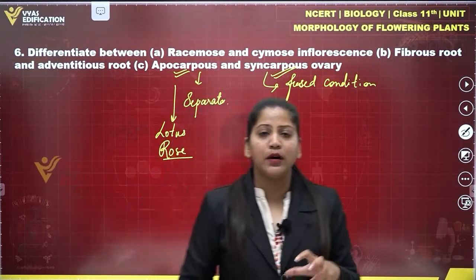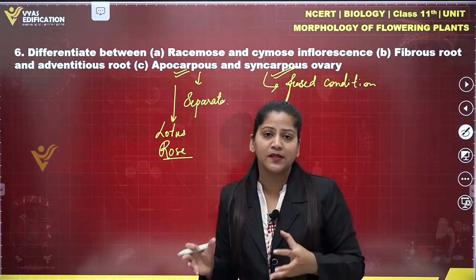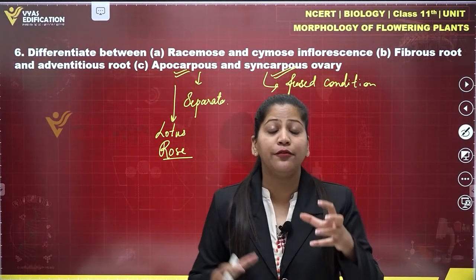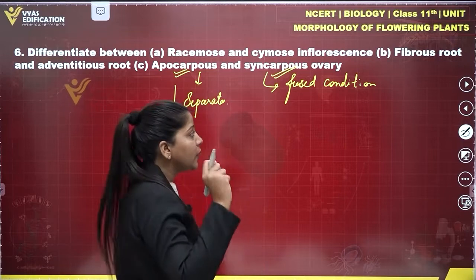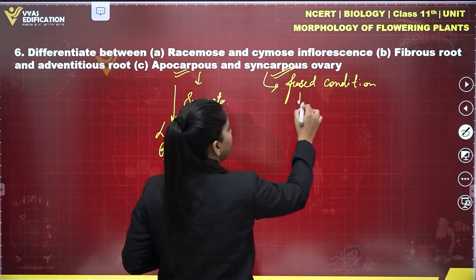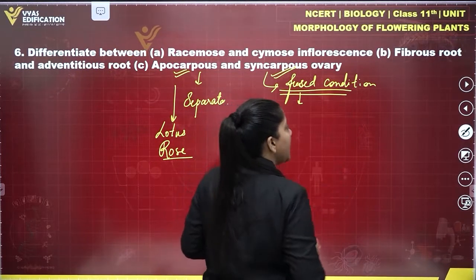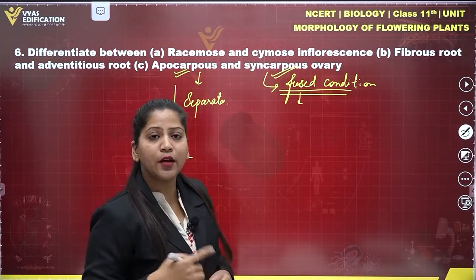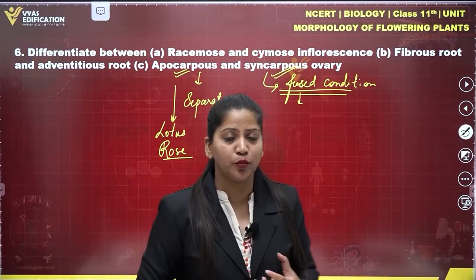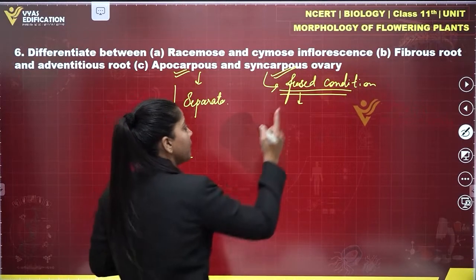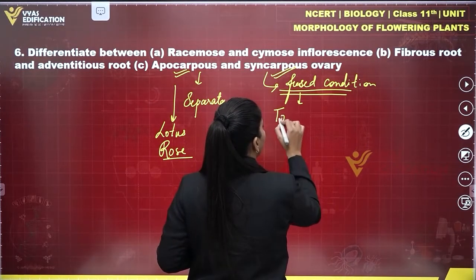Whenever in a flower more than two carpels are present and they are fused with each other, not present separately, this kind of ovary is said to be syncarpous ovary. An example of this is tomato.